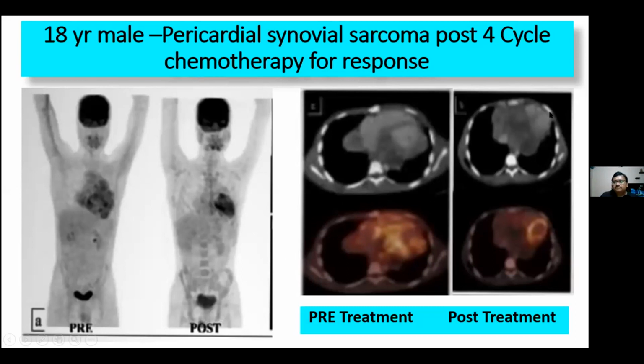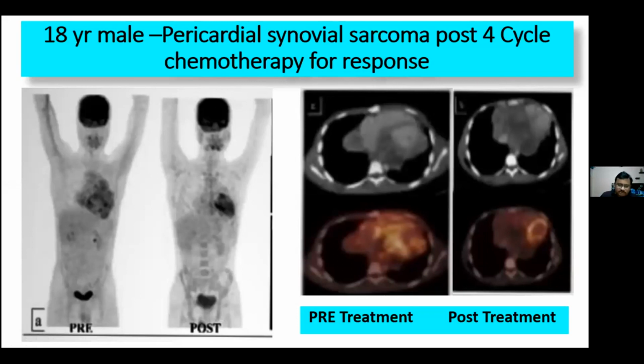Post 4 cycles, we see a very good response, which is a partial response, PMR, suggestive of good response to chemotherapy. This was a pericardial synovial sarcoma. You can see here. Now, what you see is the left ventricular uptake. Myocardial uptake in the left ventricle is the pumping section of the heart.